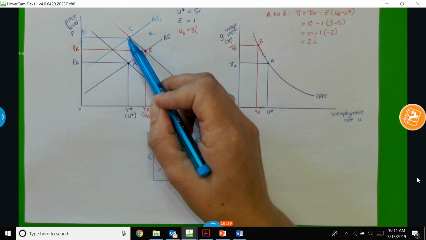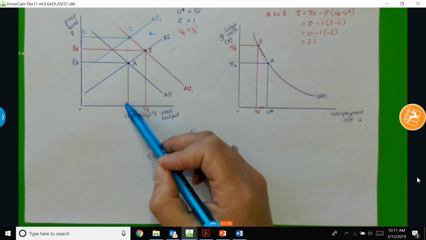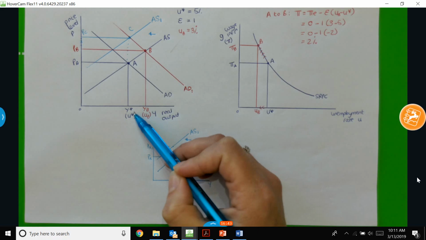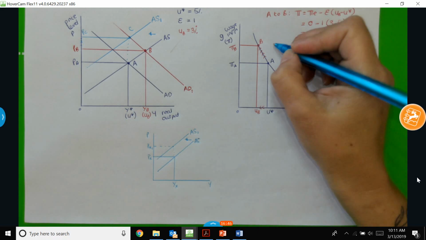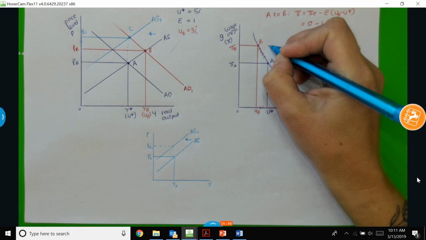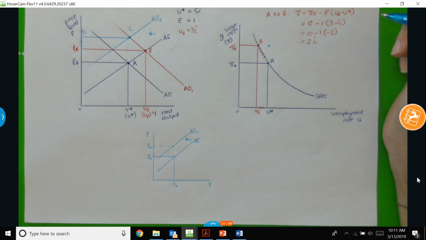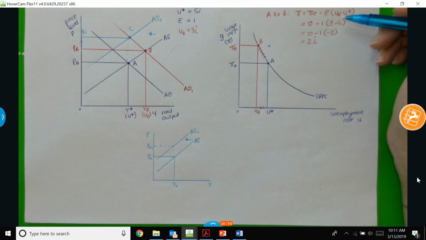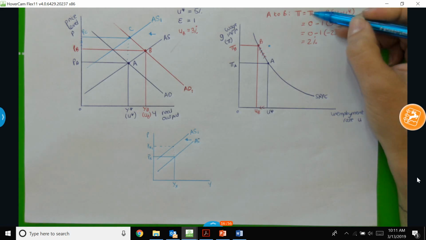Well, at point C on the Phillips curve, we're back at the full employment level of production and output and back at the natural rate of unemployment. What is the rate of wage inflation? Well, at a very minimum, the rate of wage inflation is going to be equal to the inflationary expectations that are taking place in this economy.